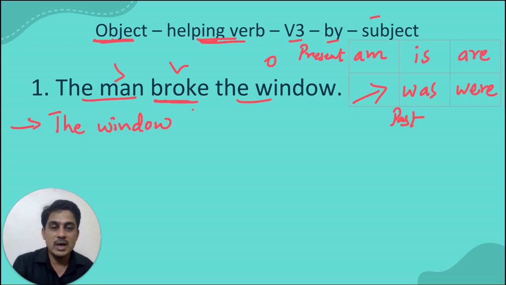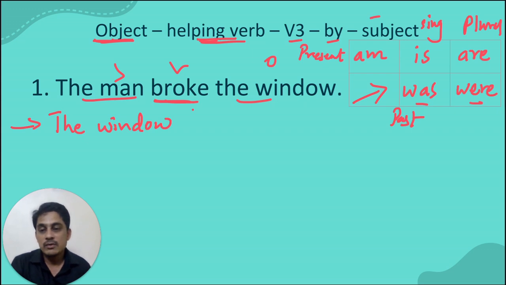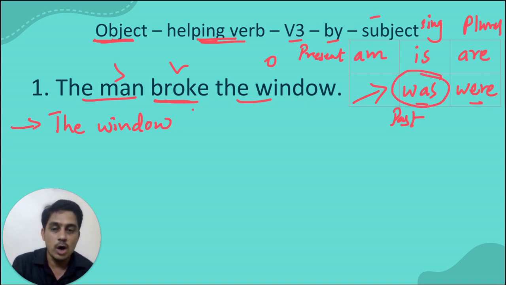So broke is in past tense. We will use either was or were. Am, is, was are singular. Are and were are plural. We will see the object, the window. If it is singular, we will use singular helping verb. If it is plural, we will use plural helping verb. Window is singular, so we will use was.